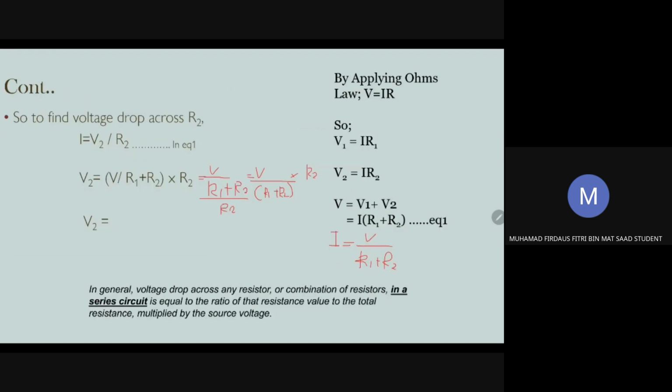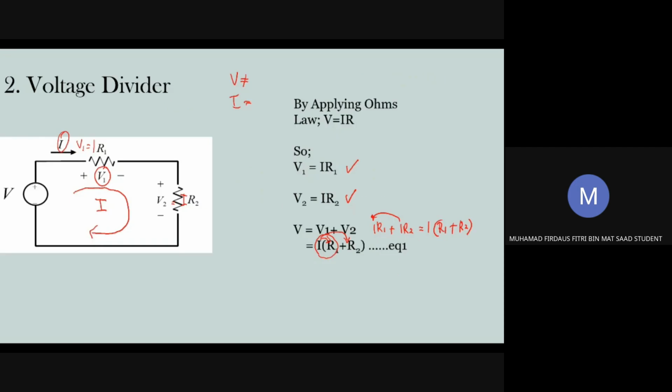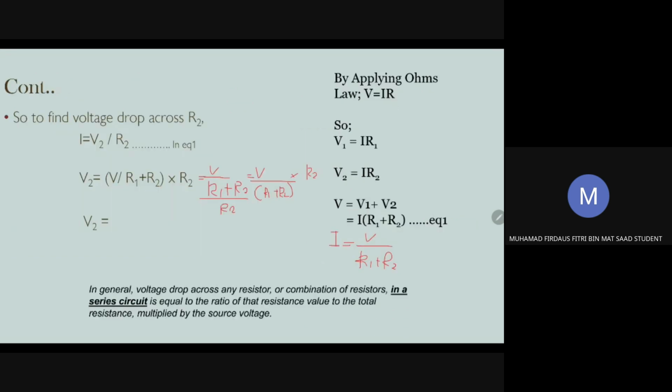Okay, next. To find the voltage, for example, if you want to find the voltage across R2, which is here, how do you get the voltage here according to the voltage divider? I equals V2 over R2, because you want to find the voltage across R2.